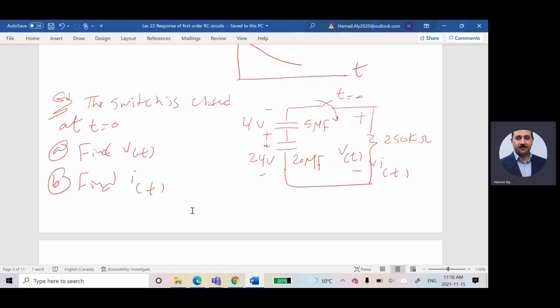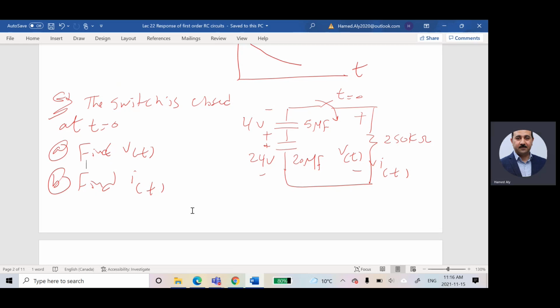You derived the V of t equation based on having only one R and one C. If you would like to use this equation, you have to find C equivalent and R equivalent. And don't forget, you have to find the initially charged equivalent.